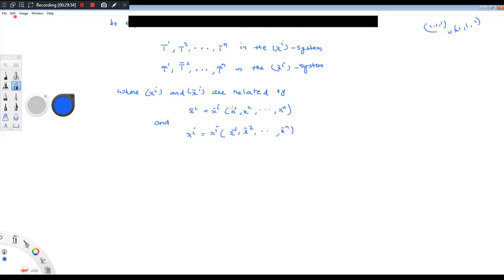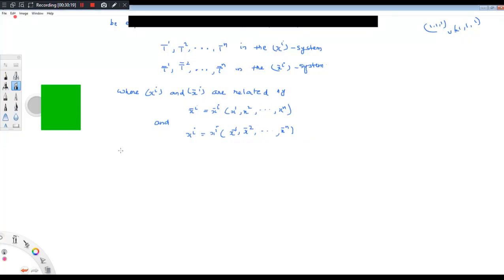This is the inverse transformation. This will be our fundamental thing for defining it. You have a vector's components in the xi system given by this, and in the x bar i system given by this. The transformations are these.